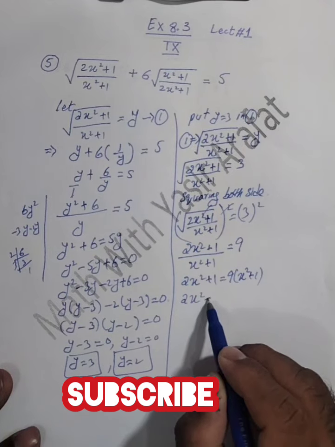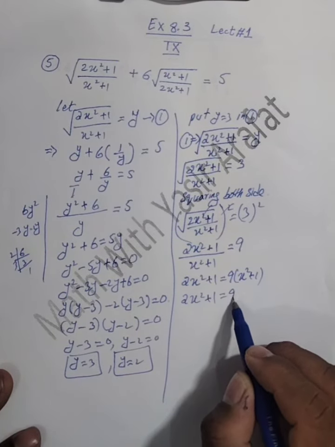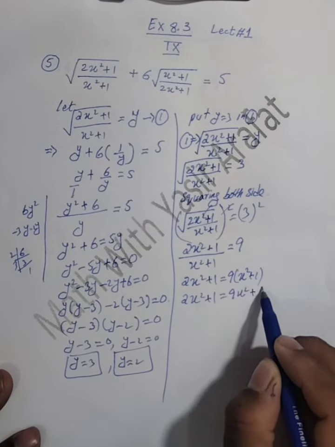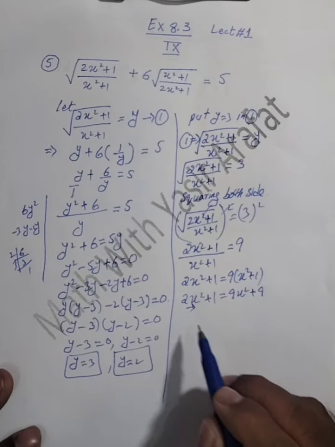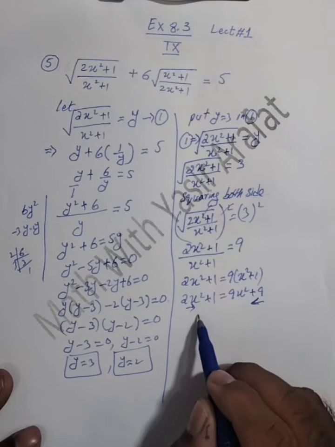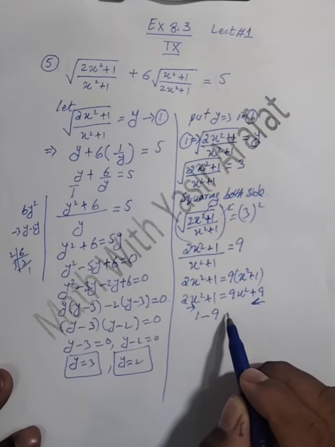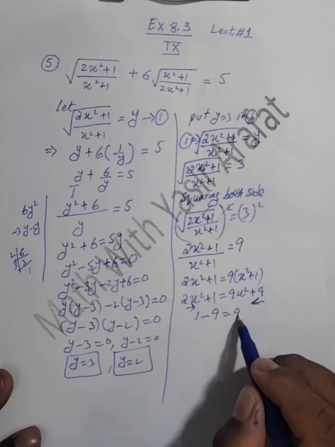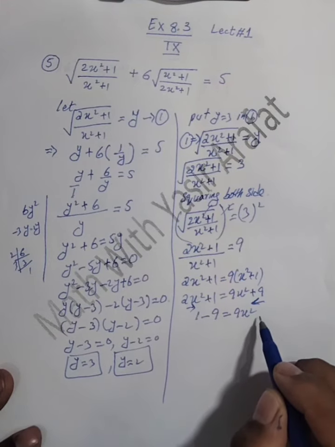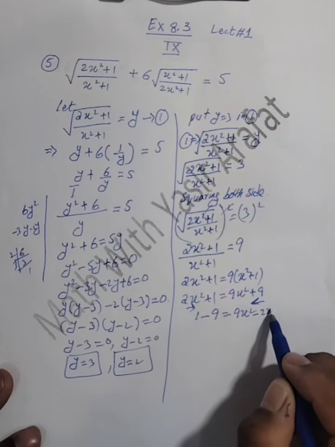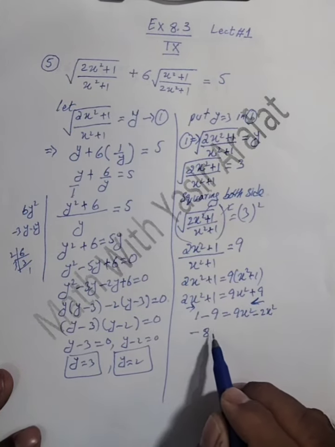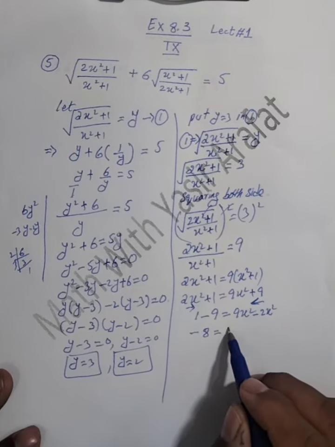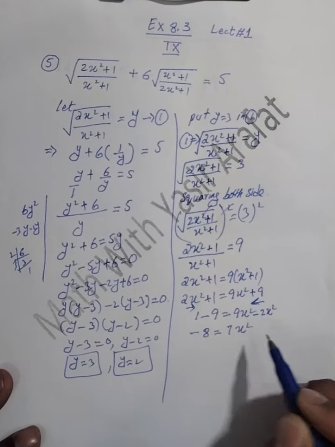So this is 2x square plus 1, 9x square, and 9 ones are 9. Now separate the variable here. 1 minus 9 is equals to 9x square minus 2x square. So this is minus 8 equals to 7x square.